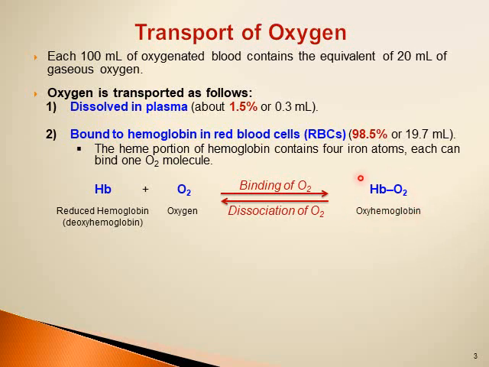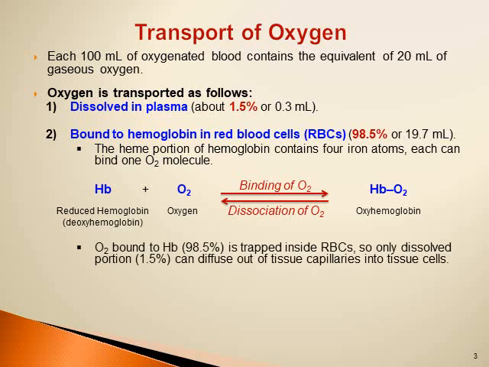In the peripheral tissue, oxygen dissociates from oxyhemoglobin and is released to the cells to be used in aerobic metabolism, and this leads to the reformation of reduced hemoglobin.